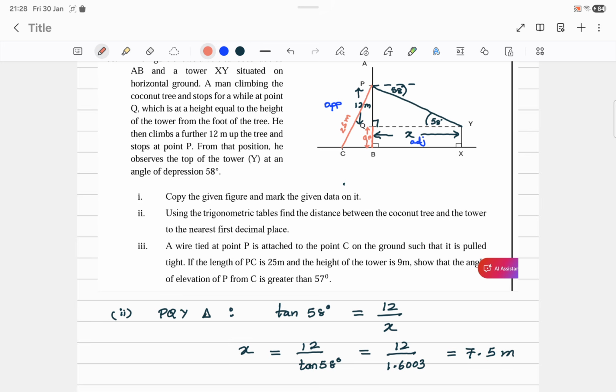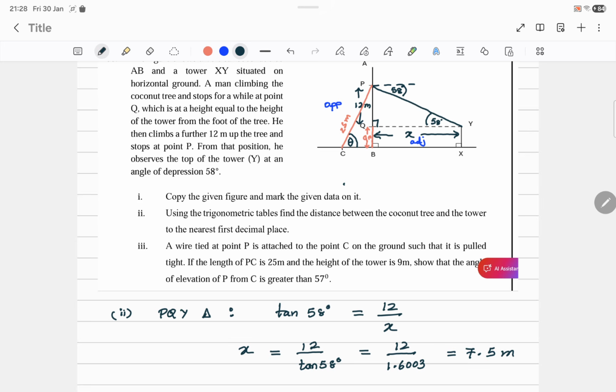Show that the angle of elevation of P from C is greater than 57 degrees. So you are looking for this angle. Let me label it as theta.